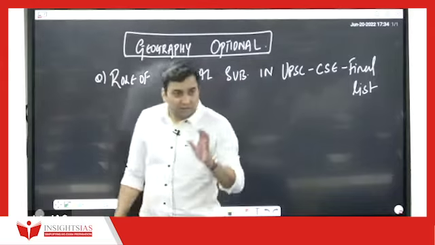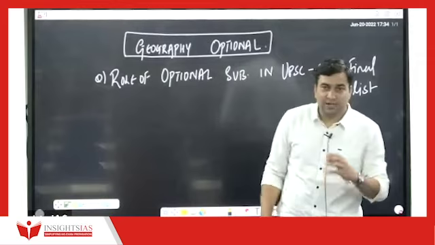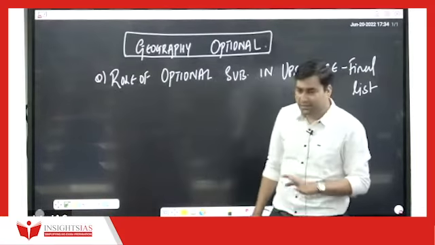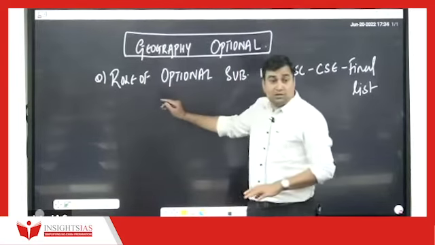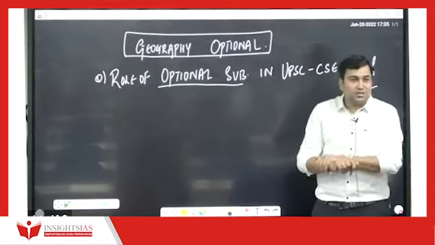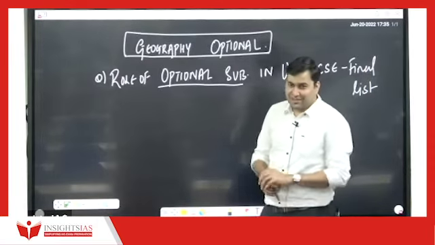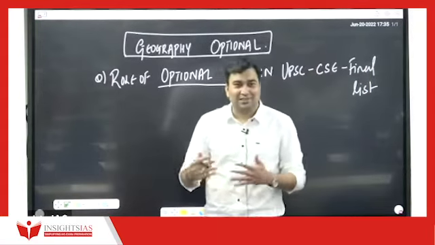Let that be geography, PSIR, sociology, Kannada, or Marathi literature or anything. What do you think? What is the role of optional? How do you decide the role of optional? So let us make this session interactive.